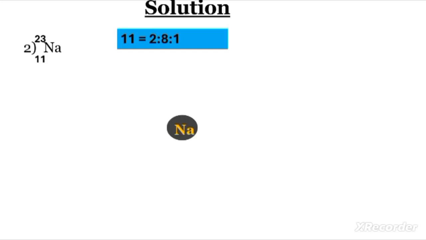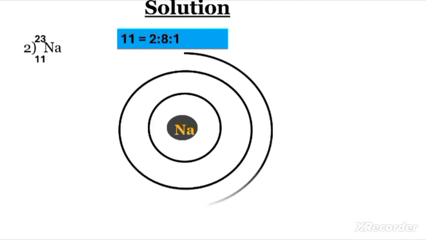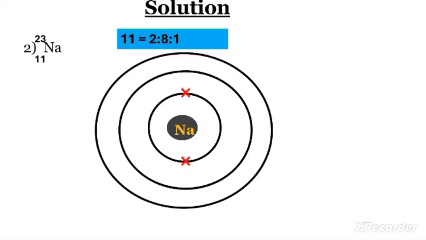We have the nucleus here, and this nucleus is surrounded by three shells. So the first two electrons will go to the first shell. Then the second 8 electrons will be accommodated in the second shell, as we can see in the second shell.